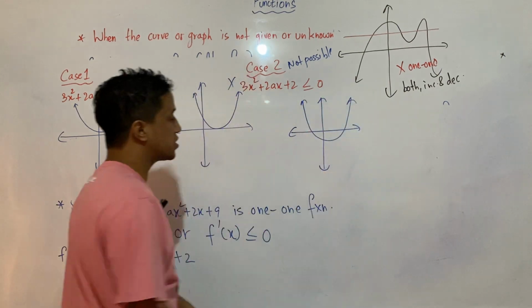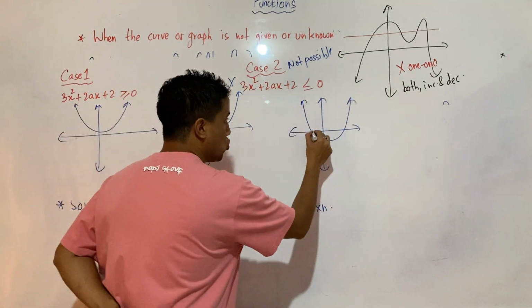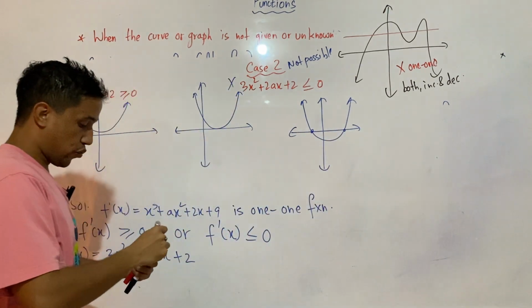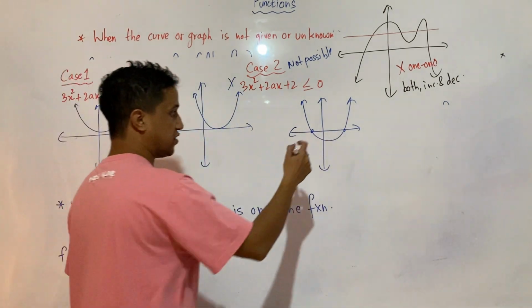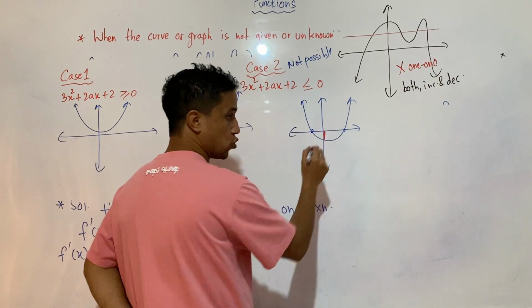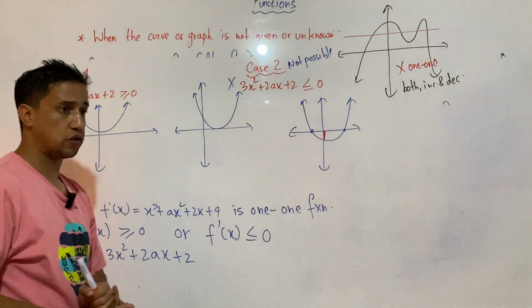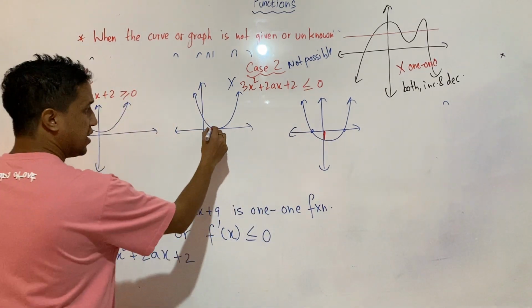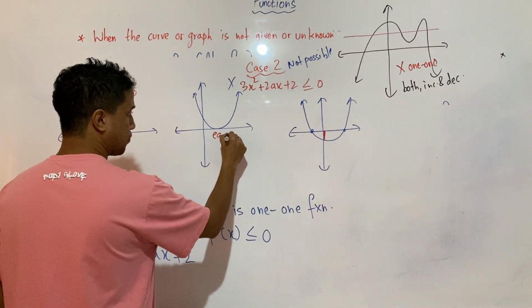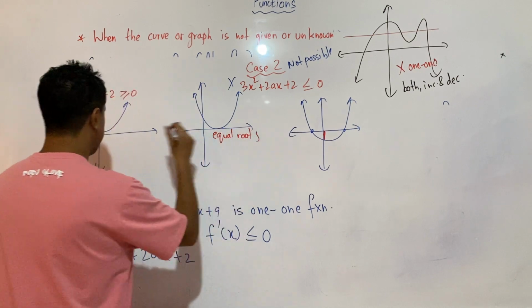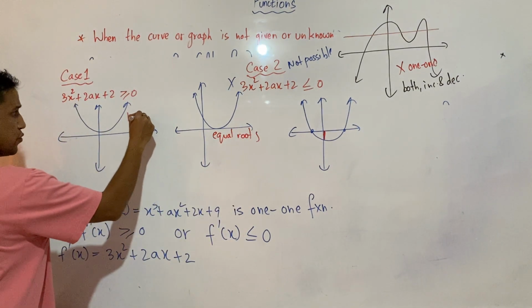Why? Because if you are going to get real roots, then you can see here your y is going to be negative. So this has to be greater than or equal to 0. So only when it has equal roots, or if it has imaginary roots.